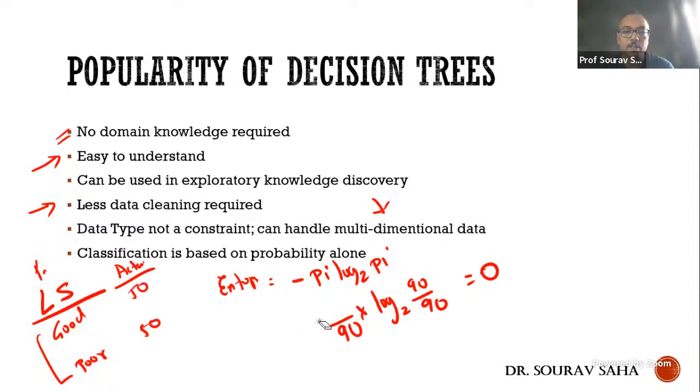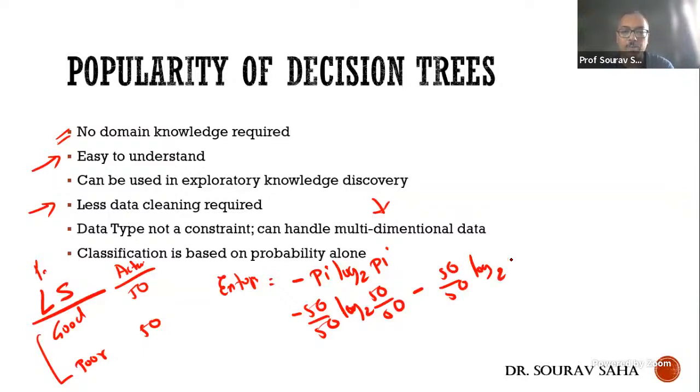In that case, the entropy value comes as minus 50 by 50 log to the base 2 of 50 by 50, minus 50 by 50 log to the base 2 of 50 by 50, which by the way comes out as 1. Maximum impurity. Whether you attend the LS or not doesn't have any bearing on your performance. That was how we calculated the entropy.